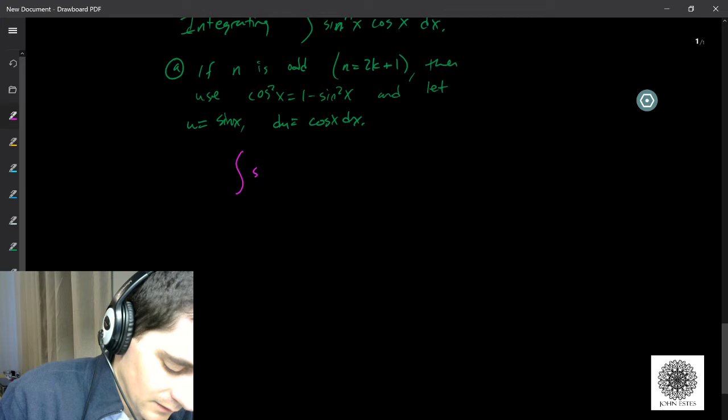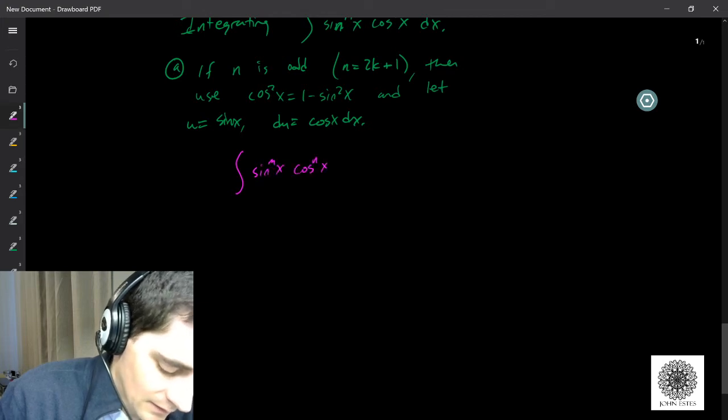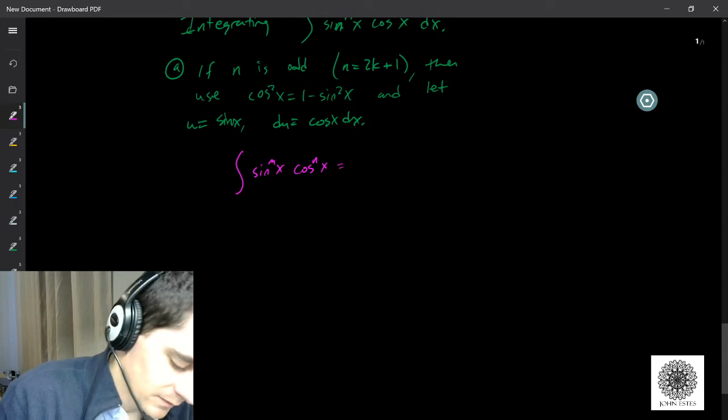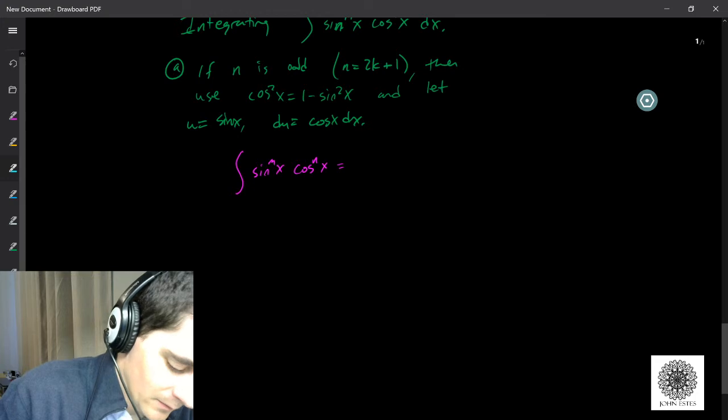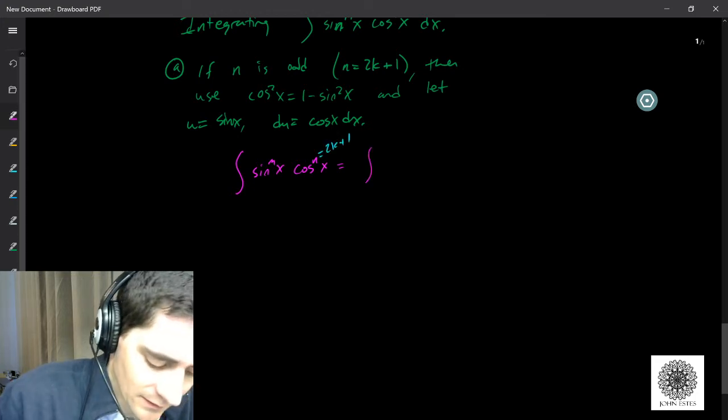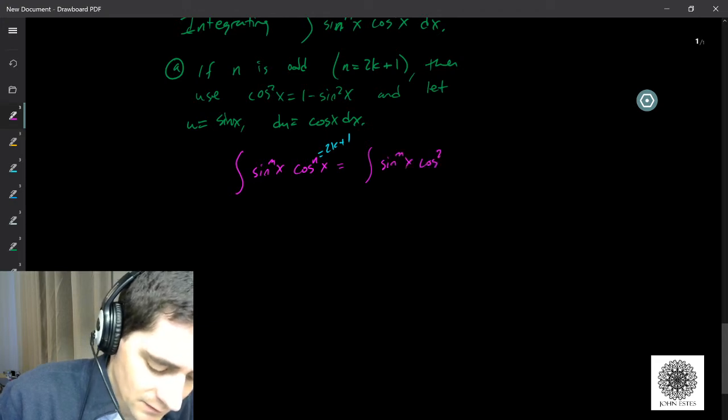You have the integral of sine to the m, cosine to the n. Now let's replace cosine to the n with that odd power, 2k plus 1. So I can say sine of the mx cosine to the 2k power times cosine x dx.